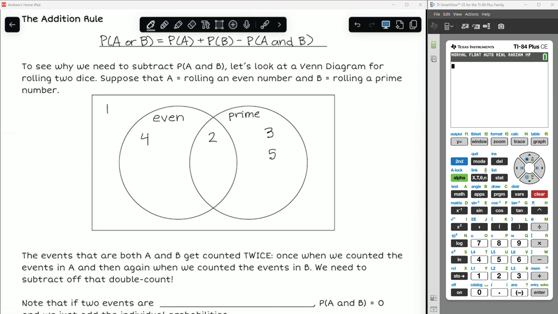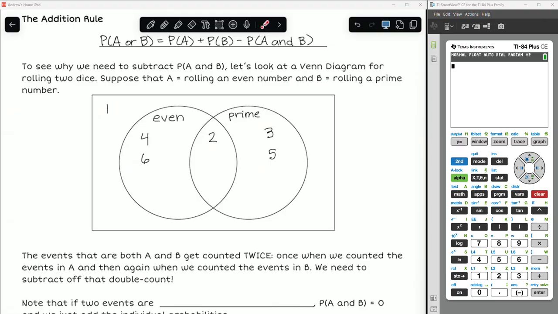And 6 is even, but not prime. So this Venn diagram is a table of all possible outcomes. I can see the numbers that are prime, the numbers that are even, the numbers that are both, and the numbers that are neither. That's what a Venn diagram is. We're going to look at it again later.